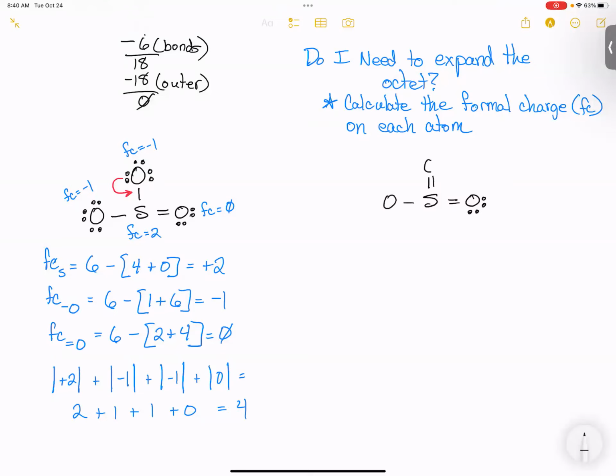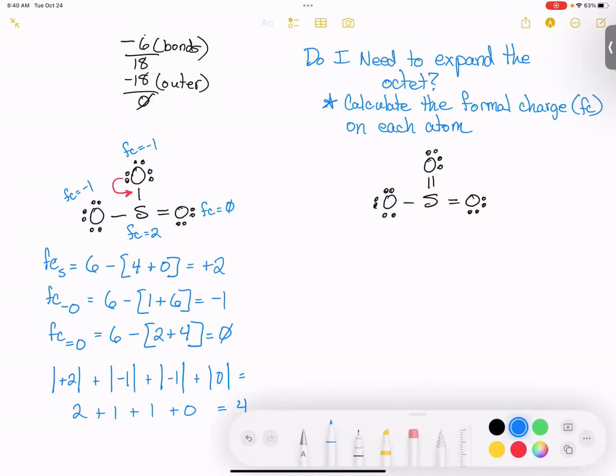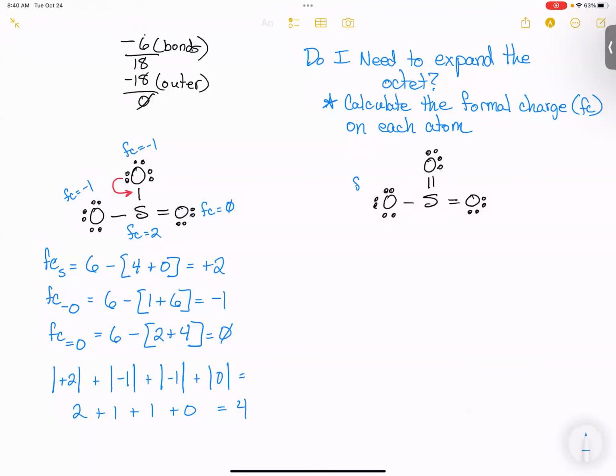But we now have 2 double bonded oxygens. If you did not manipulate it, it's still going to have the same formal charge. So since we didn't manipulate this one, it's still a -1. Since we didn't manipulate the oxygen on the right, it's still a 0. You only need to recalculate the formal charge for the elements you manipulated.